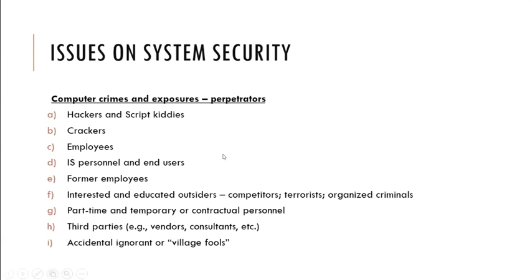That's why if someone resigns, they should no longer have access to our system. Interested and educated outsiders such as our competitors, terrorists, organized criminals are the usual perpetrators who get into our system to gain access and look at our data. Part-time and temporary or contractual personnel, third parties such as your vendors, consultants, etc., and accidental ignorant or village fools.